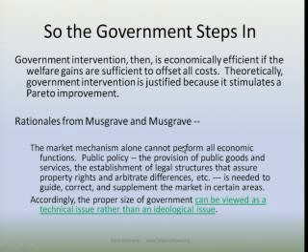They summarize this by saying that the market mechanism alone cannot perform all economic functions. Public policy, the provision of public goods and services, the establishment of legal structures that assure property rights and arbitrate differences, all of those things are needed to guide, correct, and supplement the market in certain areas.